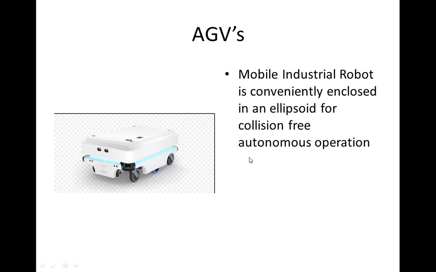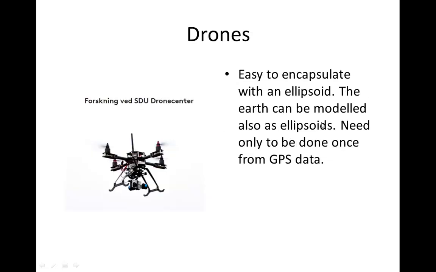The same is true of autonomous guided vehicles. Here's an MiR100 produced by Mobile Industrial Robots, and it's conveniently enclosed in an ellipsoid for collision-free autonomous operation. And finally, drones.